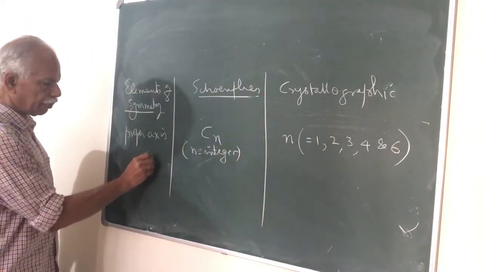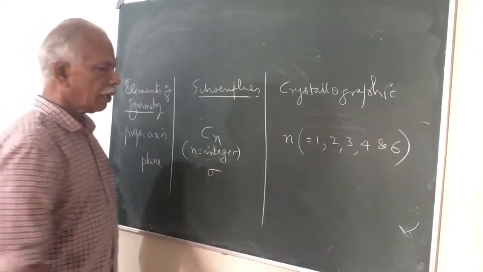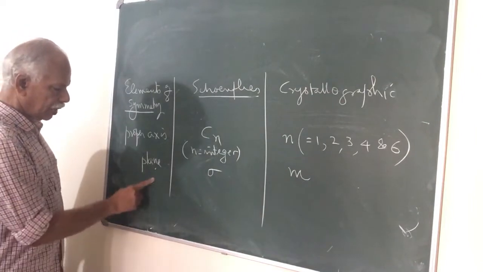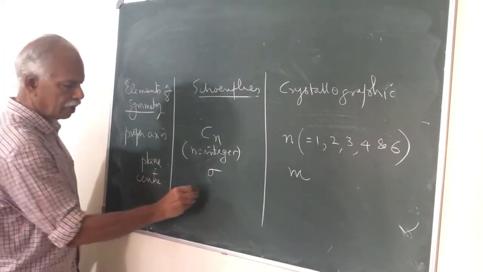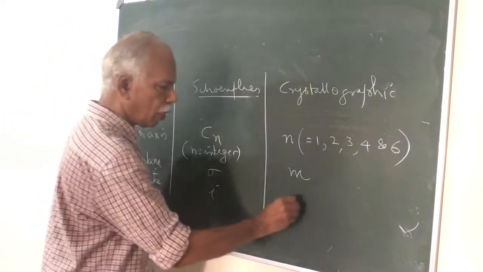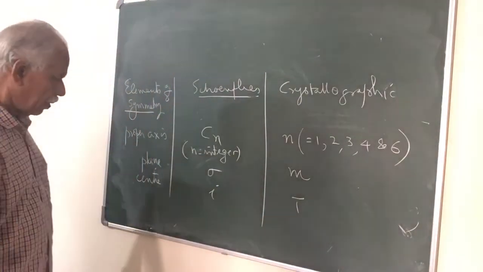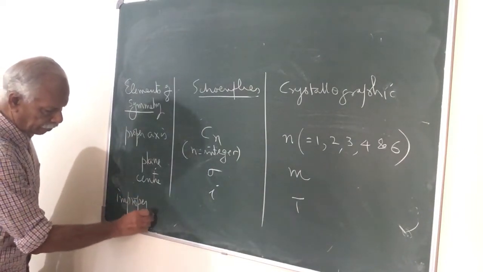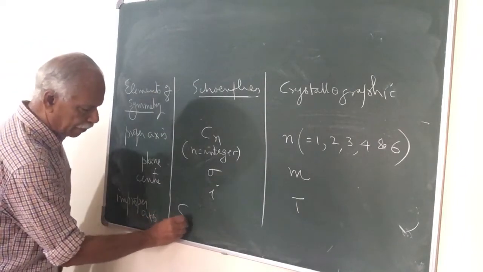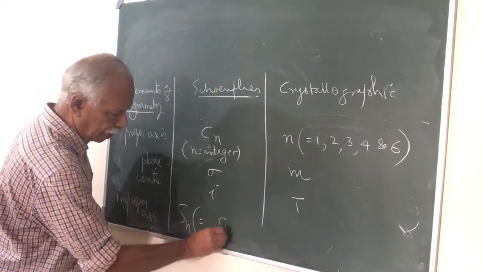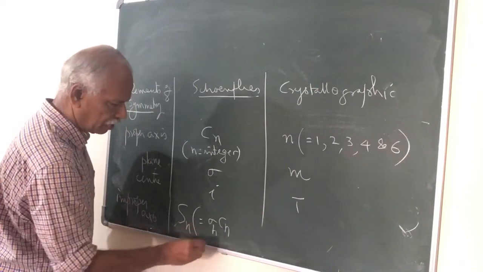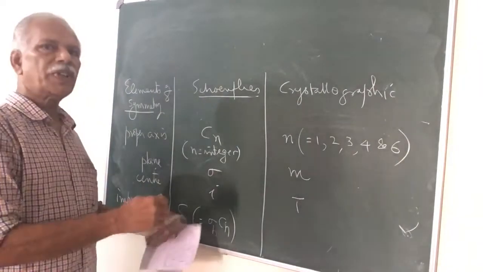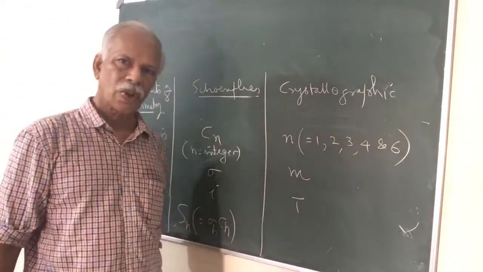For the plane of symmetry, here it is sigma, there it is m. Center of symmetry: it is i in Schoenflies, it is 1 bar in crystallography. And the improper axis is Sn, and its definition is Cn followed by sigma h. The very definition of the improper axis is different in crystallography.